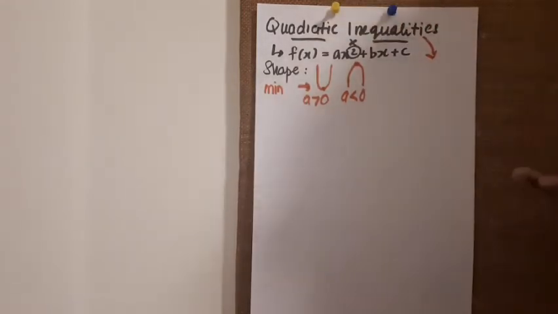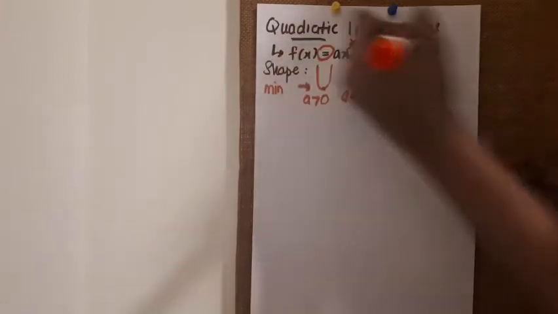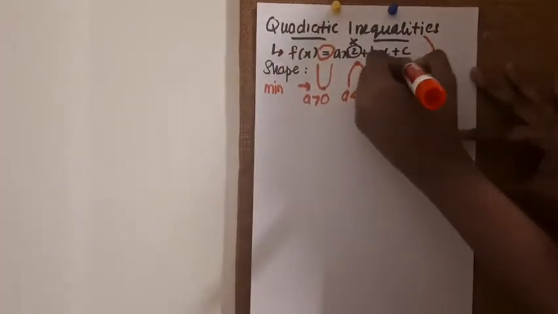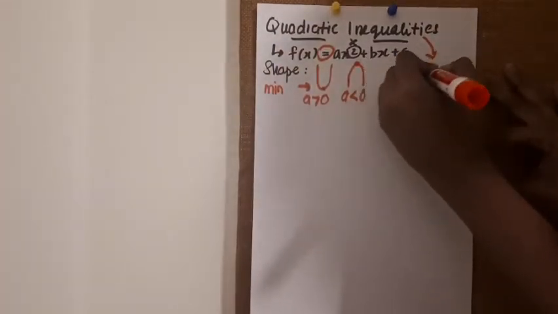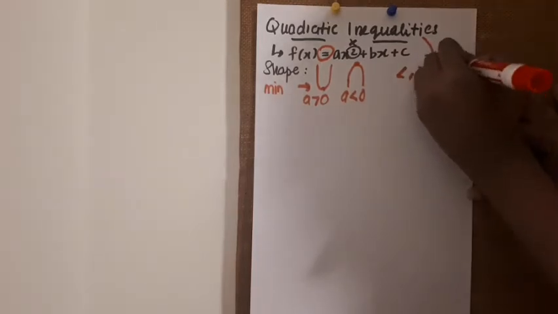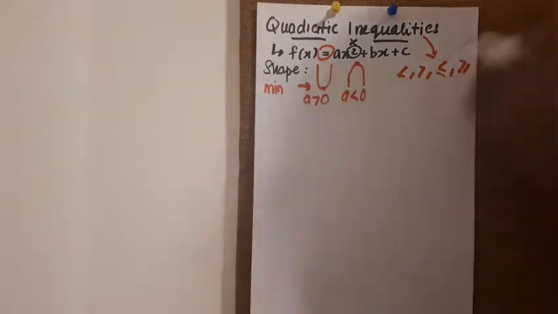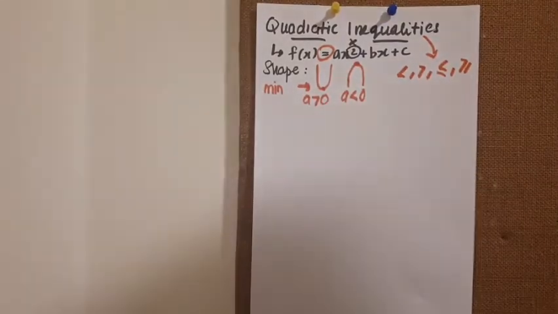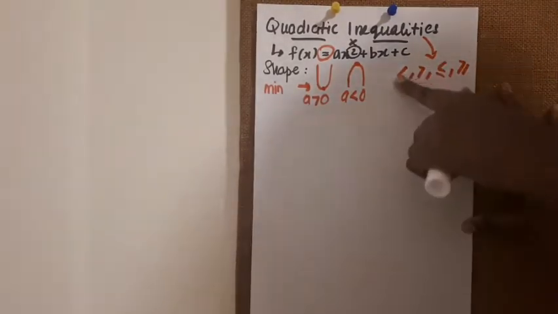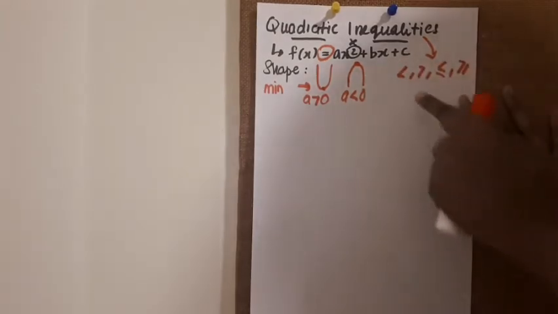So what are inequalities? This is the equal sign. These are called inequalities. I don't know if you are familiar with this, but I will somehow let you know. This is called the less than sign.